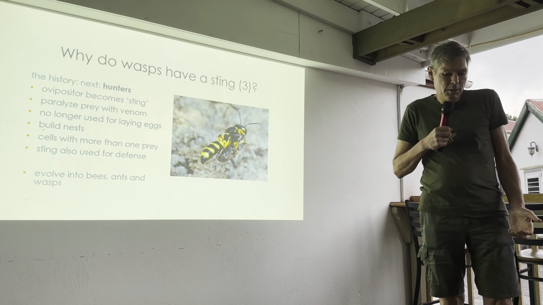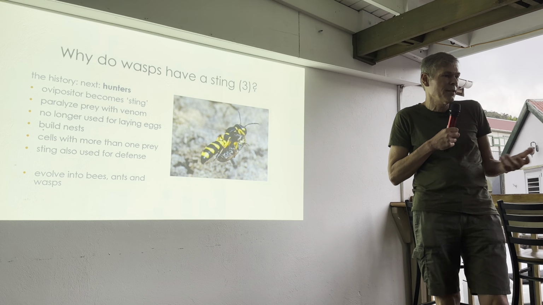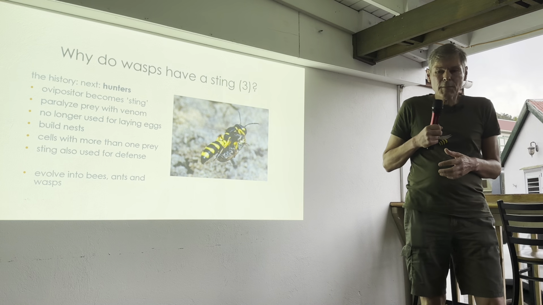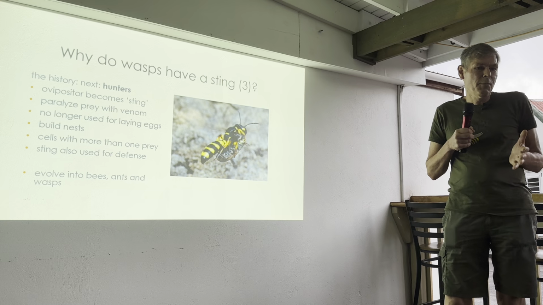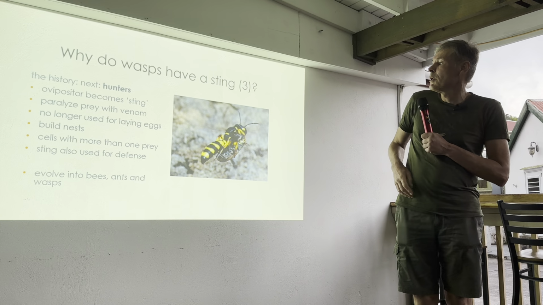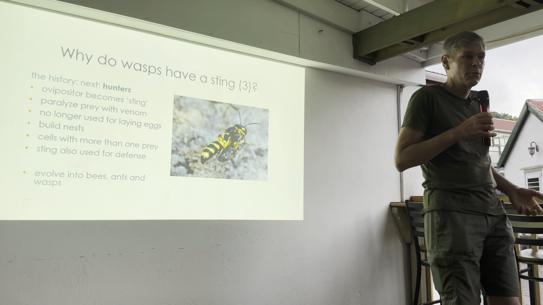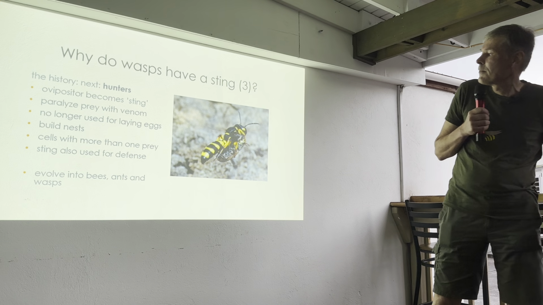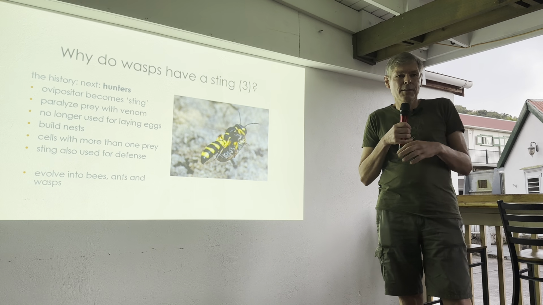And also the prey is left in the open, so it can be taken by spiders and other insects. So some wasps started digging nests for their prey and just burying it so it is safe. And they still use this thing, but used to lay eggs to bring venom into the prey to paralyze it. But then they started to bring their prey to the nest and cover it.